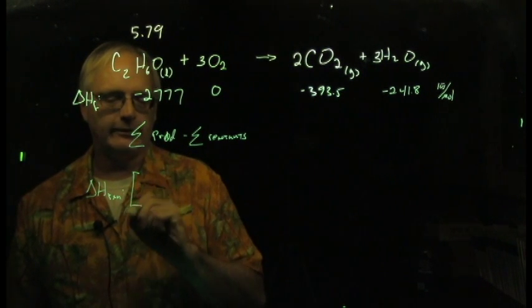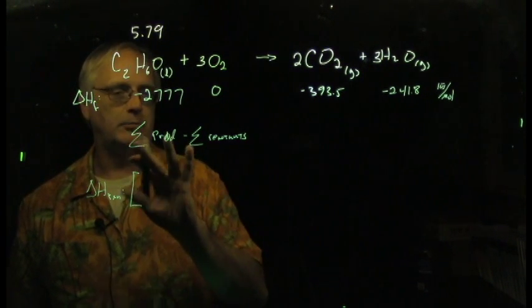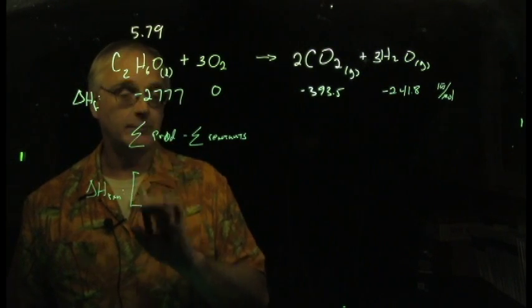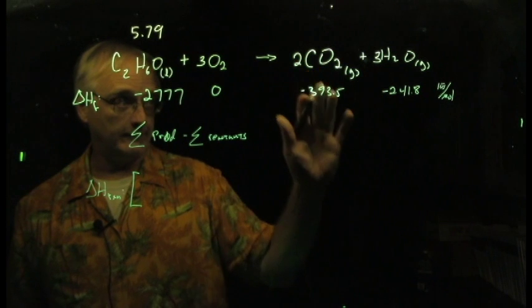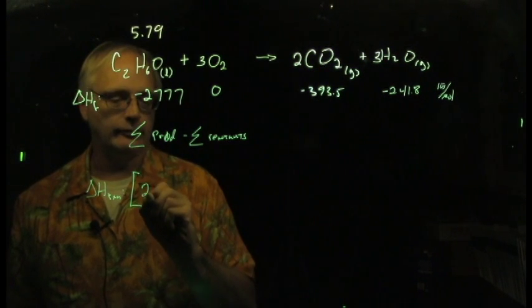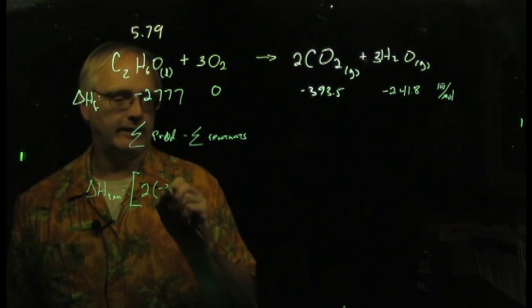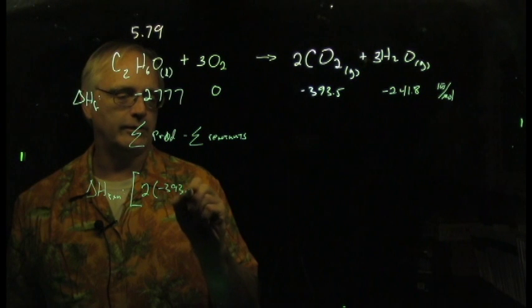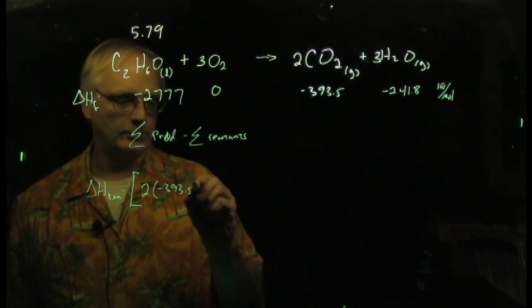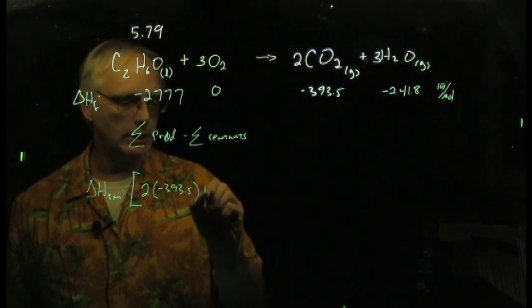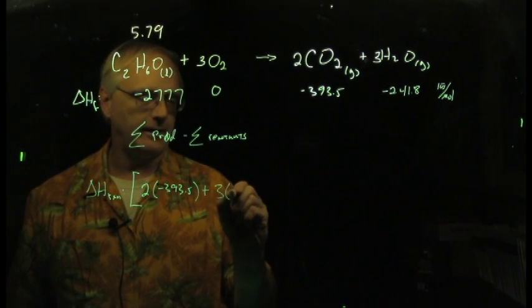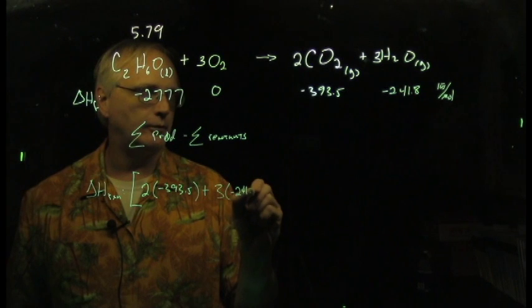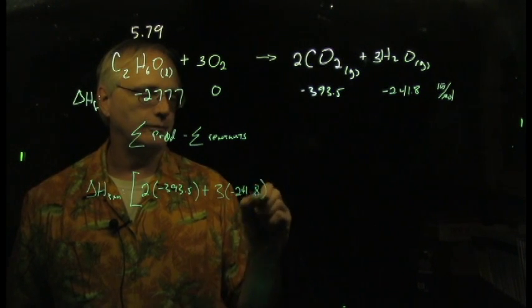But right, doing the whole calculation, the sum of the products: I add these numbers very carefully. I have 2 carbon dioxides at negative 393.5 kilojoules per mole each, plus 3 waters in the gas phase, negative 241.8 kilojoules per mole.